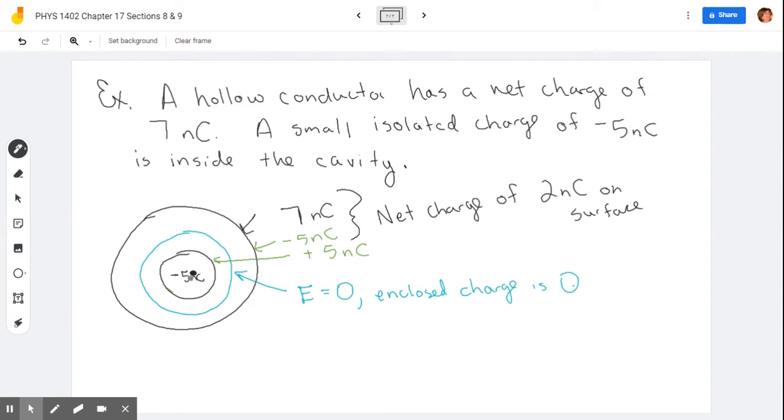Essentially, when you have this situation, it behaves as if the total charge is on the surface. 7 nanocoulombs plus negative 5 nanocoulombs gives us a net charge of 2 nanocoulombs on the surface. We know that at any point inside this conductor, the electric field will be 0.